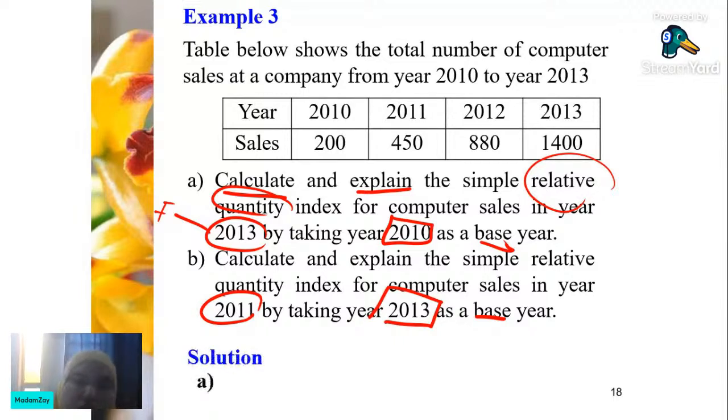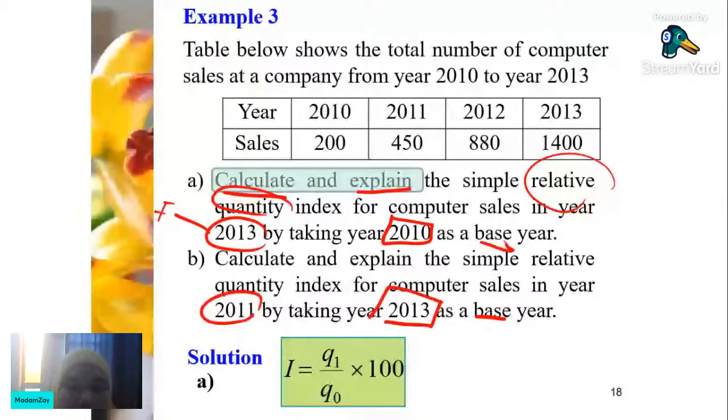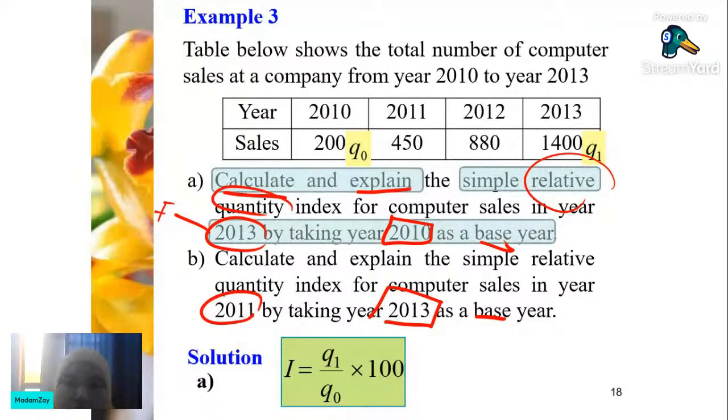Okay, so we have to make sure we know what is the current year and what is the base year. So for question A, what is the current year? It is 2013, right? So 2013 will be 1,400. And then the base year is 2010, where the quantity will be 200.